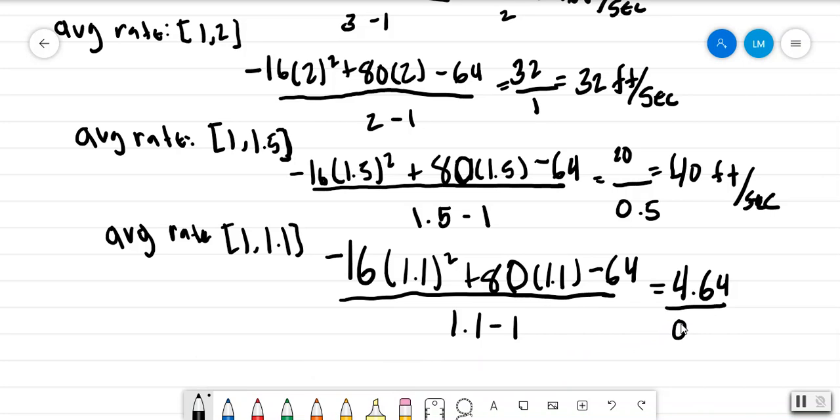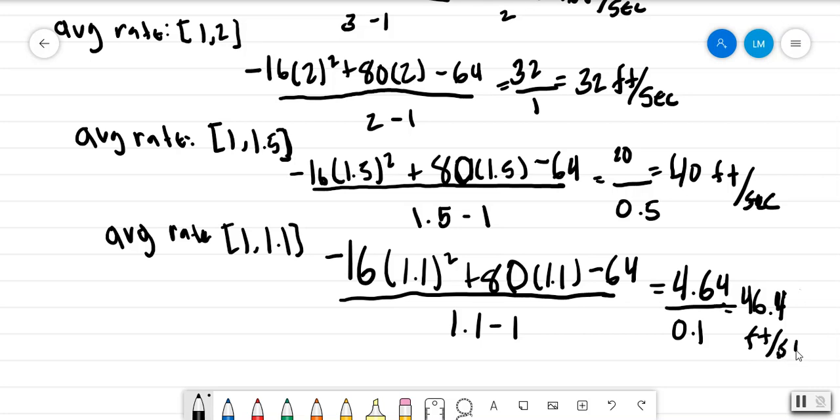So we have 0.1, and this is going to give you 46.4. So we have 46.4 feet, okay, so that's 46 feet per second.